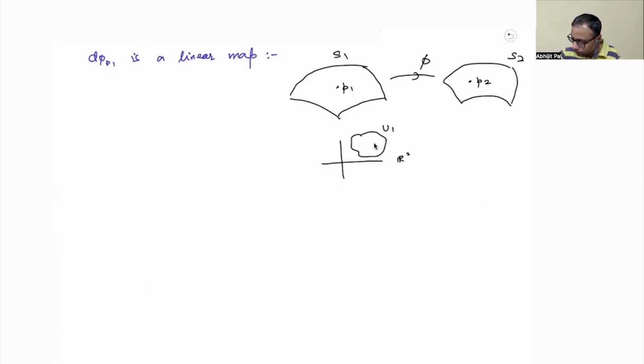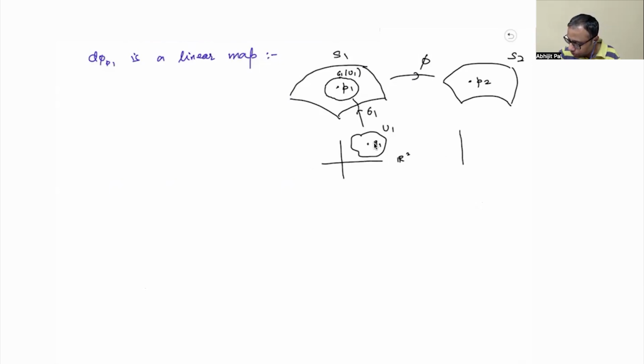So this is my R2, and I can get hold of a point Q1 here, and the sigma 1 is a differentiable map from this U1 to R3, where the image lies in the surface S1. So U1 comma sigma 1 is a surface patch, and similarly for this P2 also I'll get a surface patch.